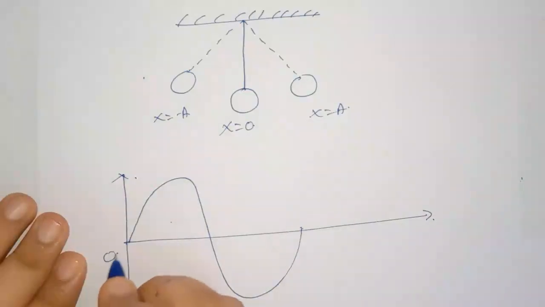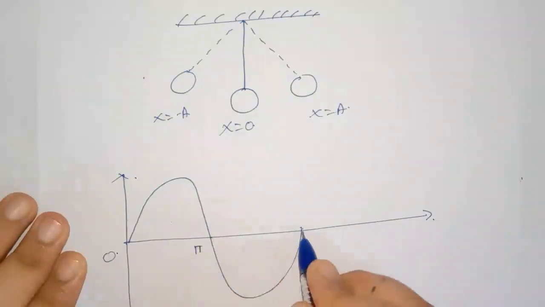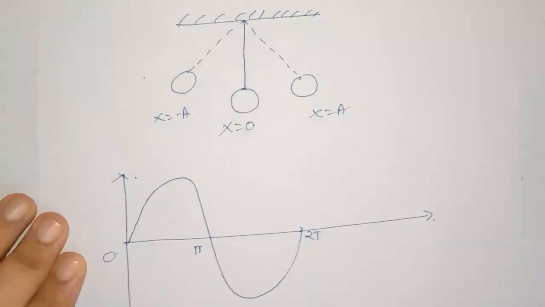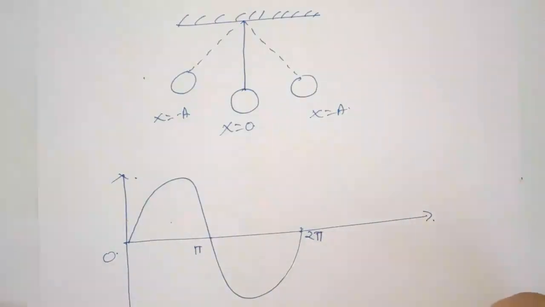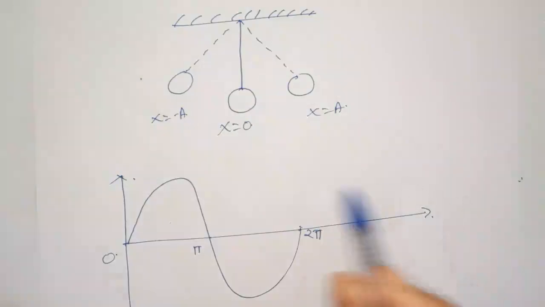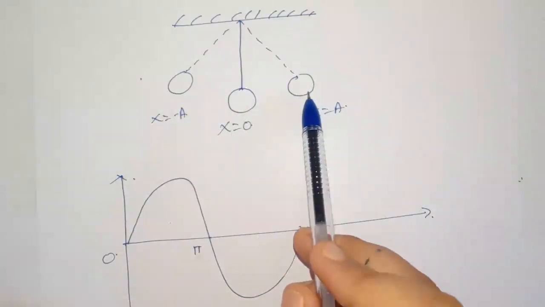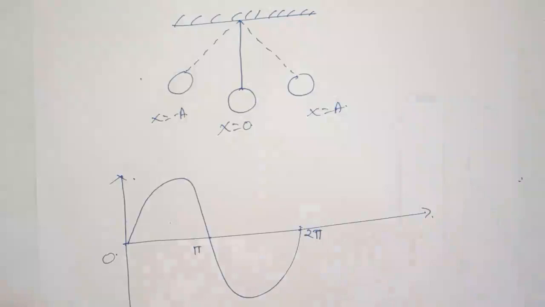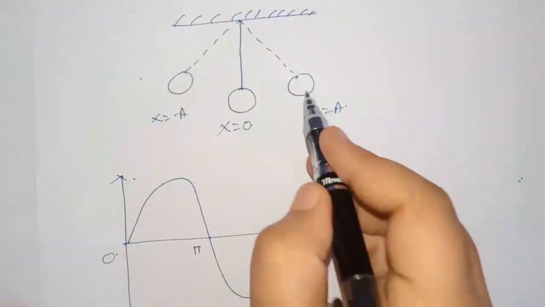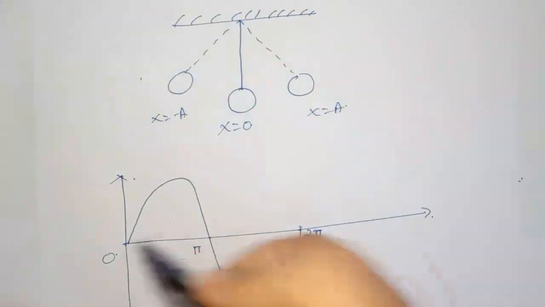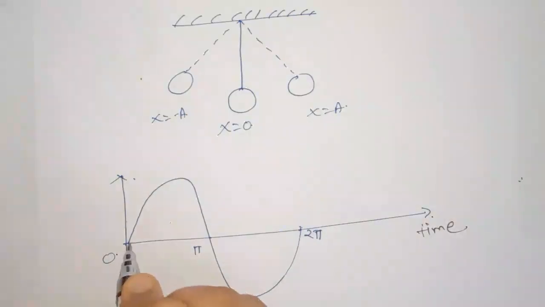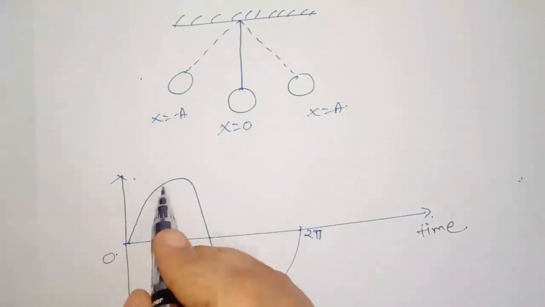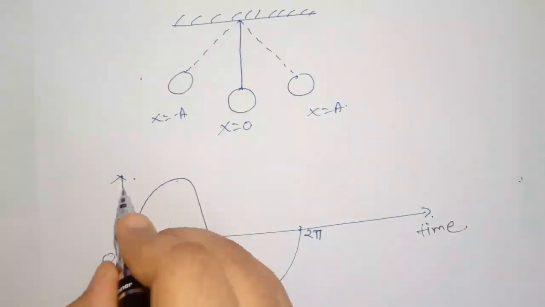This angle will be 0. This is pi. And this is 2 pi. Now, let's say if it starts from the extreme position, then at t equal to 0, this is time, at t equal to 0, the position will be the maximum position.